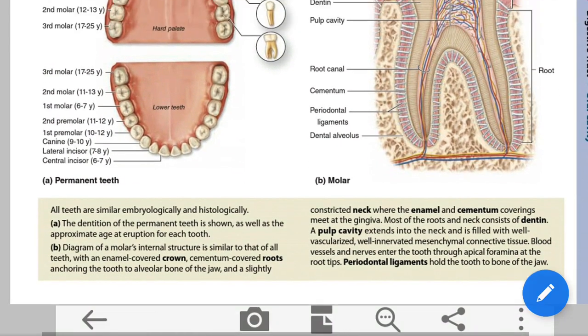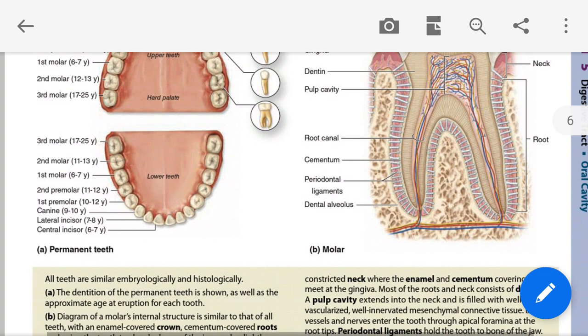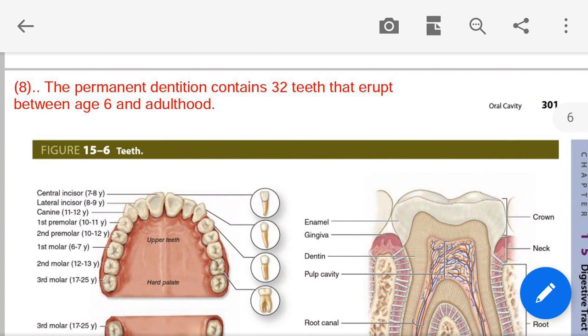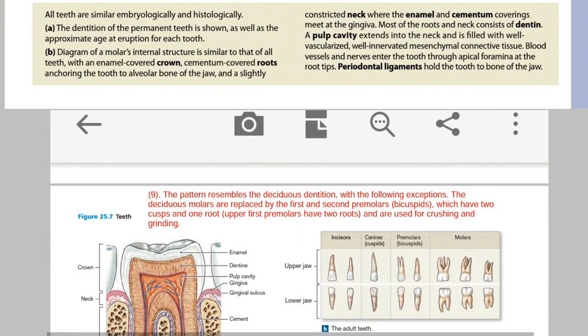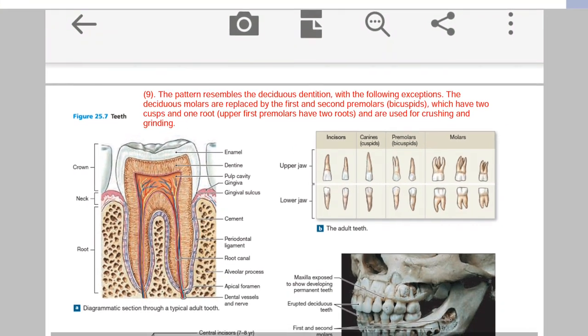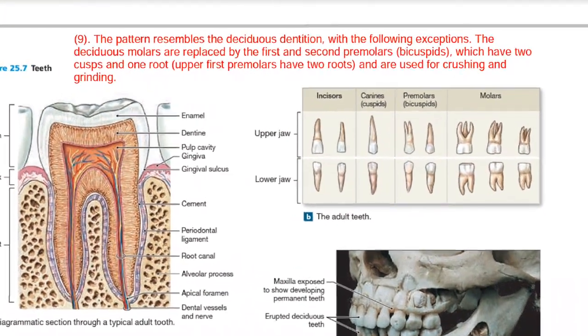So on the eighth point we have learned that in the permanent dentition there are 32 teeth. Now moving on to the ninth point of our discussion.